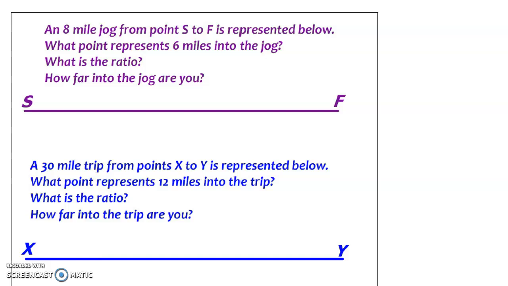Now, let's talk about the difference between a ratio and a distance on a line. So this problem right here, I'm going on an 8-mile jog. That means it's 8 miles from one end to the other. So I'm going to break this into 8 pieces.